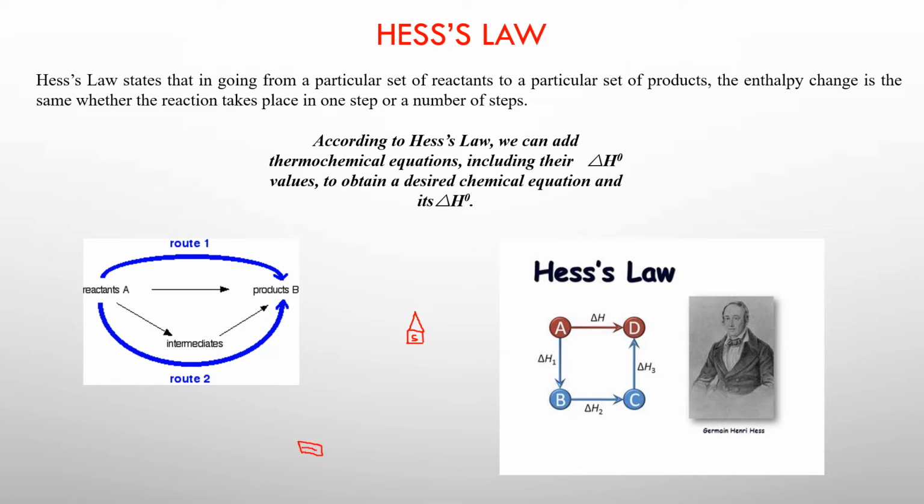The end result is the same. Whether you follow path 1 or path 2, you will end up at your same destination. So that's what Hess's law is telling us, that the enthalpy change of a particular reaction is going to remain the same, whether you do the reaction in one step or you carry out the reaction in a number of steps.